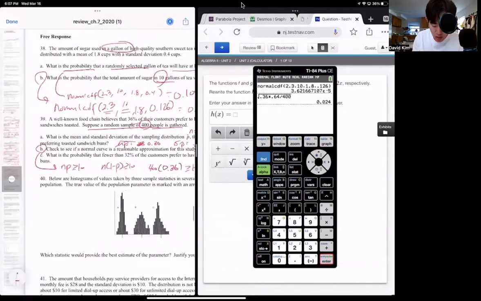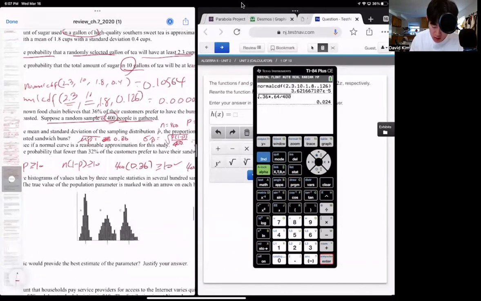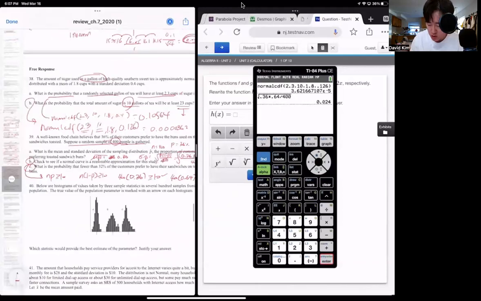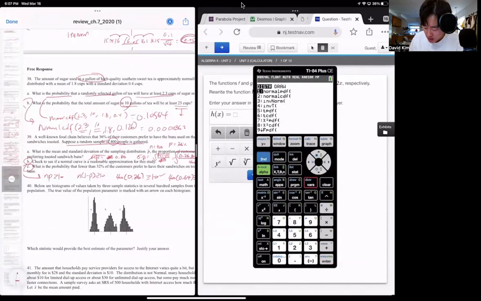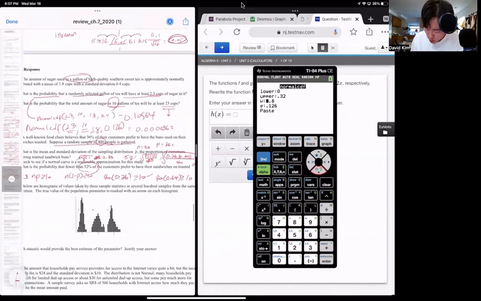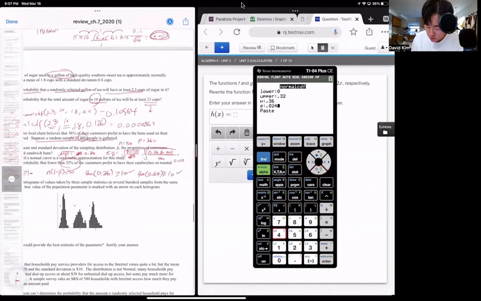Last question, what is the probability that fewer than 32% of the customers prefer to have their sandwiches untoasted? That is, again, a normal CDF question with a lower boundary of 0 because we're talking about fewer than 32%. So the higher boundary will be 0.32. The mean we found was 0.36, and the standard deviation we found was 0.024.